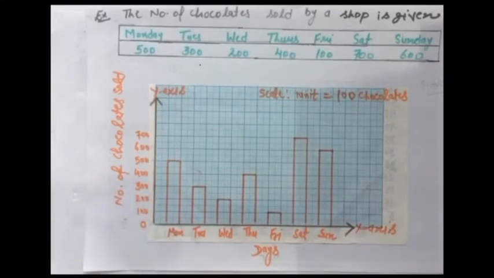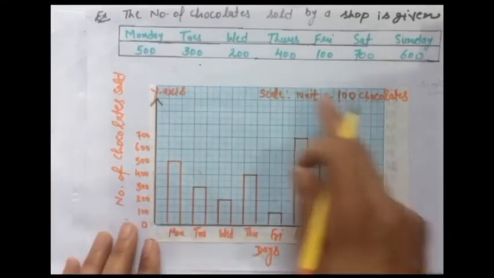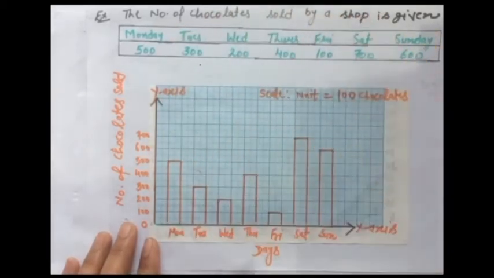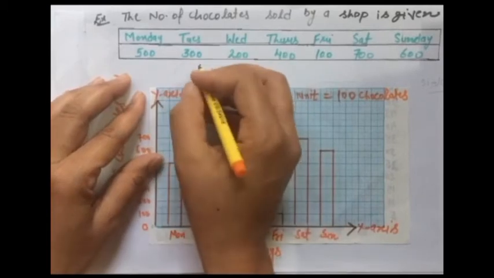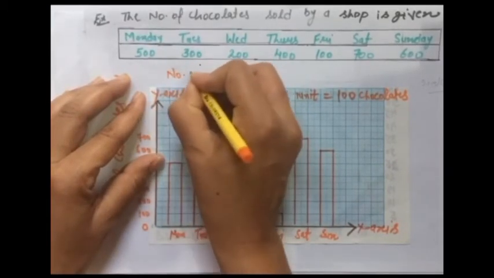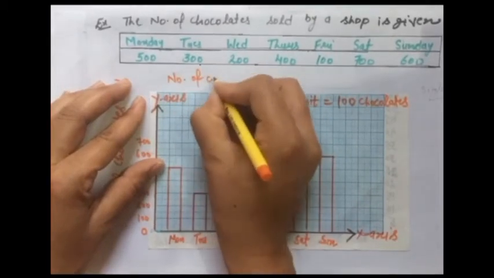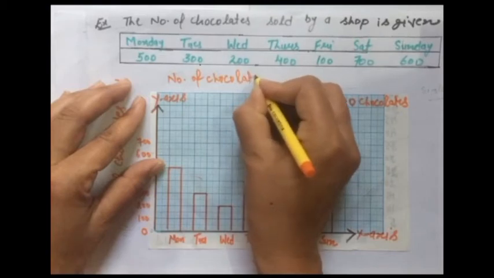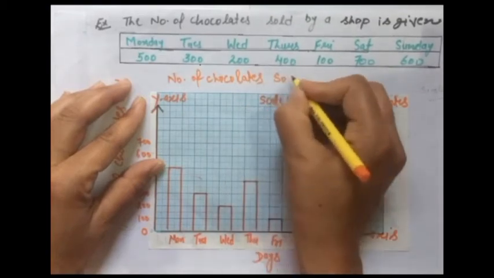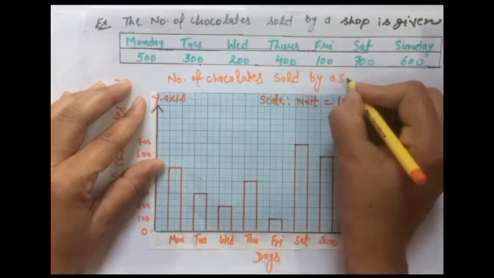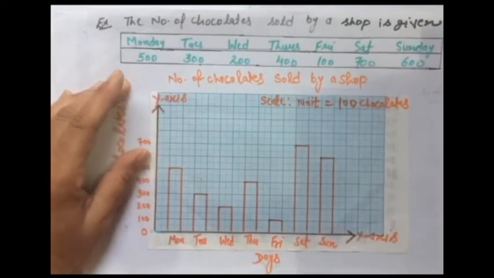One thing is also remaining. What is the title of this bar graph? That is number of chocolates sold by a shop. So give it a title, number of chocolates sold by a shop. That is its title.